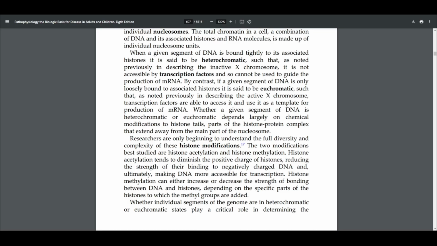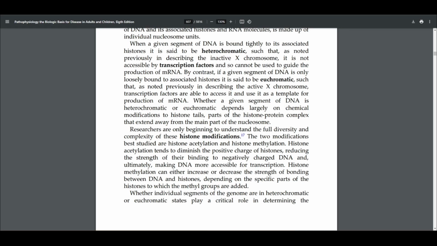By contrast, if a given segment of DNA is only loosely bound to associated histones, it is said to be euchromatic, such that, as noted previously in describing the active X chromosome, transcription factors are able to access it and use it as a template for their production of RNA.